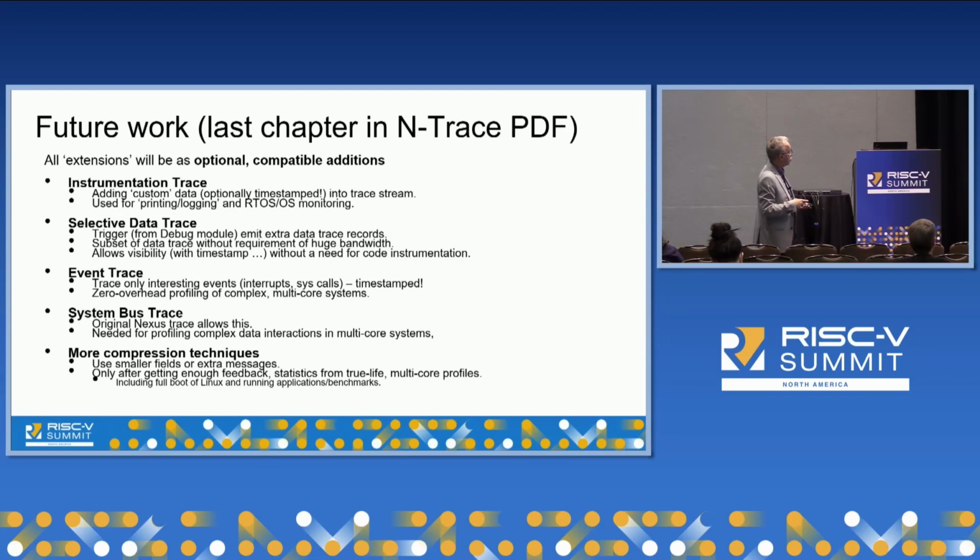Event trace, that's what was actually donated by SiFive not so long ago, and Karsten had a talk about it. So only interesting events you trace, interrupts, system calls, this kind of stuff with timing information. And system bus trace, that's also interesting on multi-core systems. You usually don't care how the code runs.